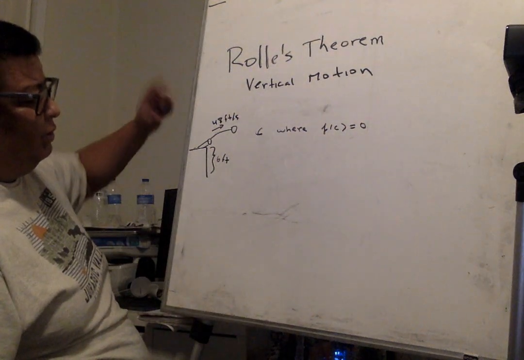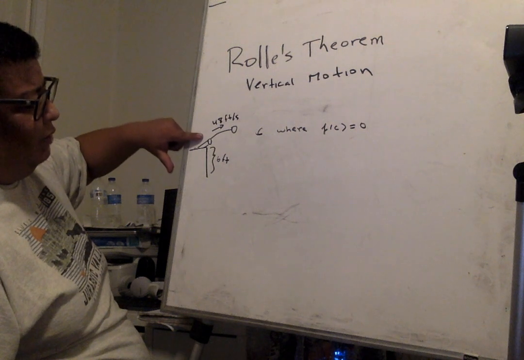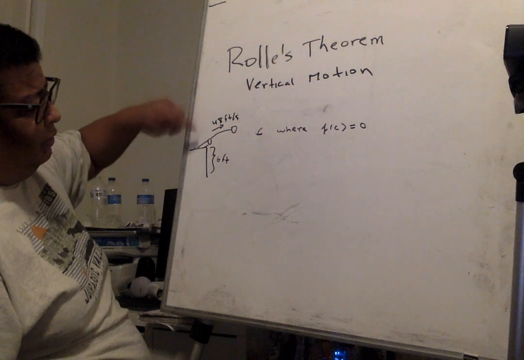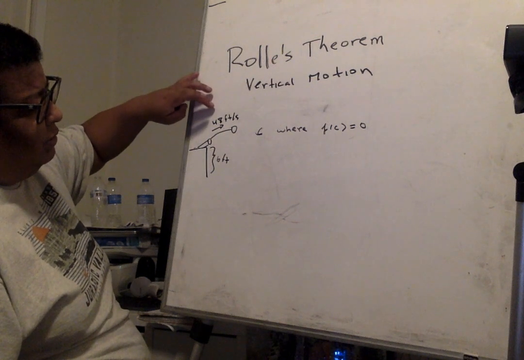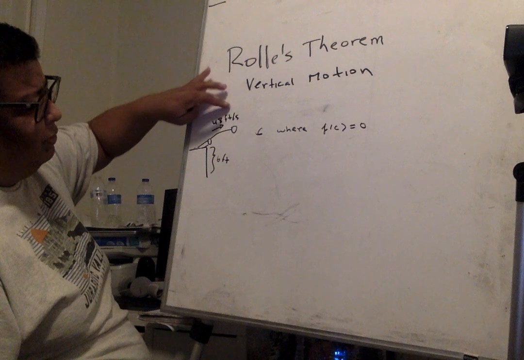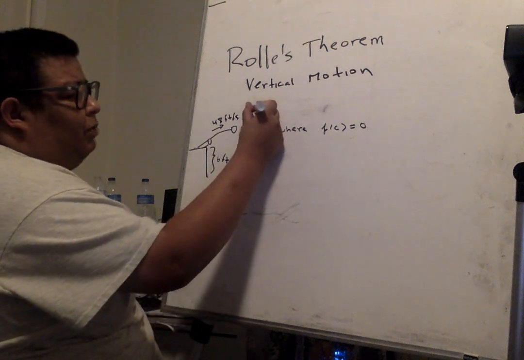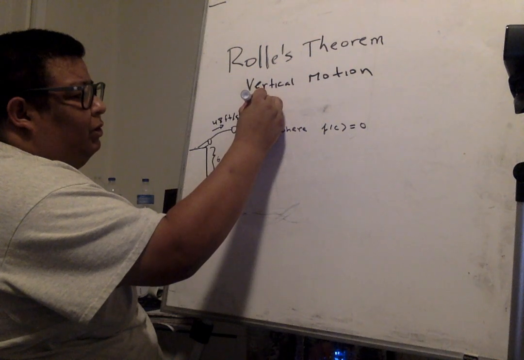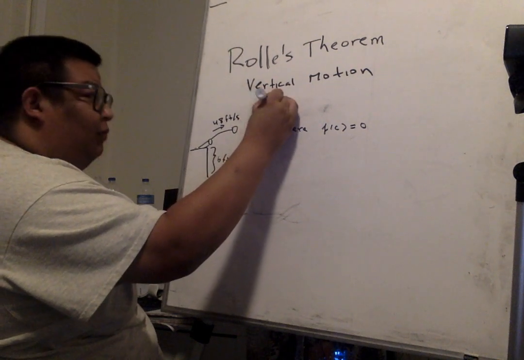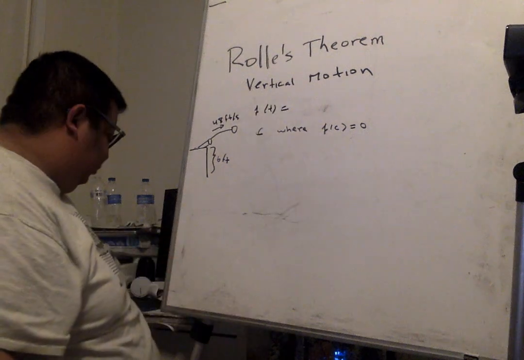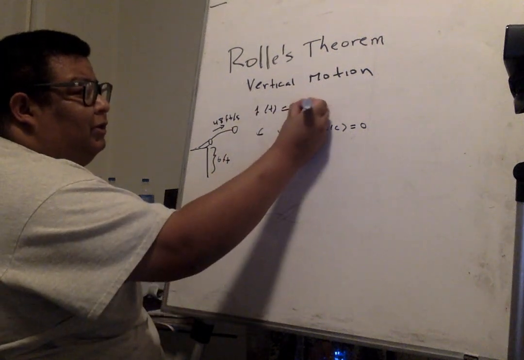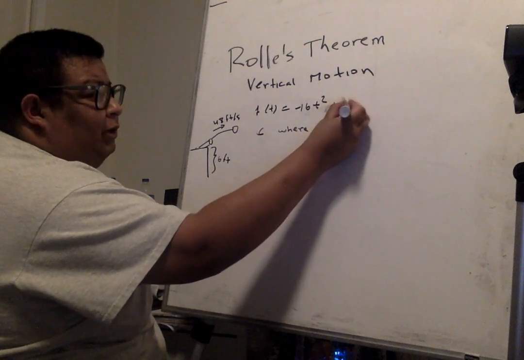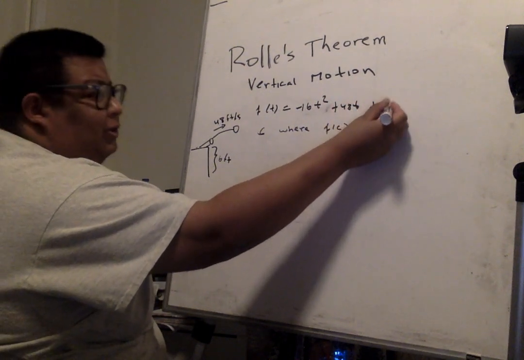So the setup is like this. You have a cannon sending a projectile at a height of 6 feet, and the projectile has an initial velocity of 48 feet per second. So we're gonna model this projectile by the function f of t equals negative 16t squared plus 48t plus 6.